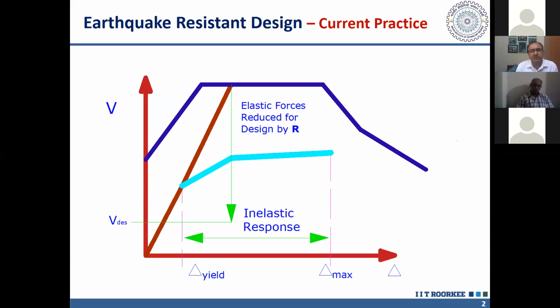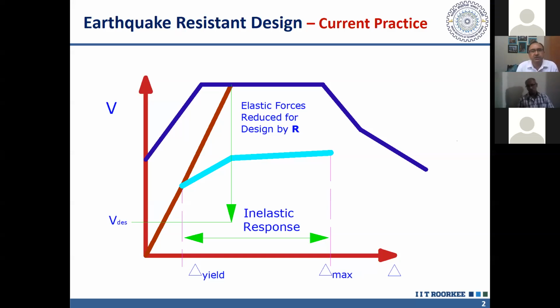But it is not based on any experimental or analytical studies. It is based on our experience during past earthquakes. So code committees have decided these response reduction factors. And that is the weakness of the current design method, because these response reduction factors are based upon judgment. And this judgment is based upon the past earthquake experience.